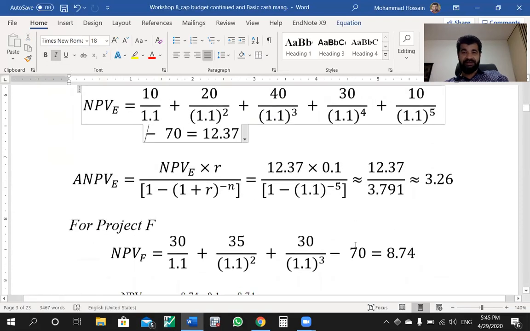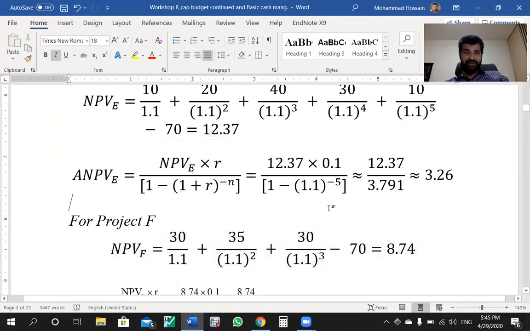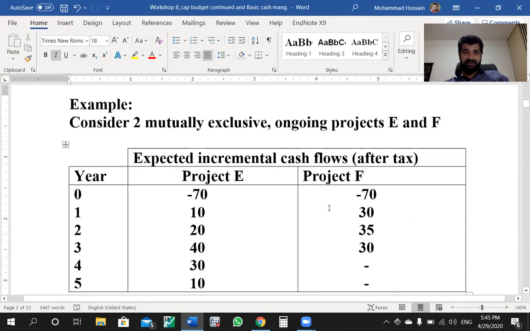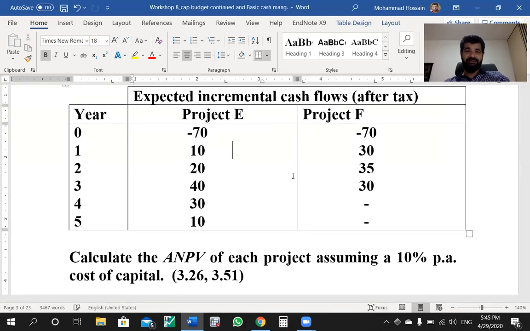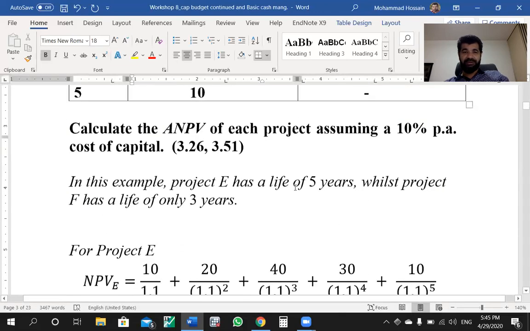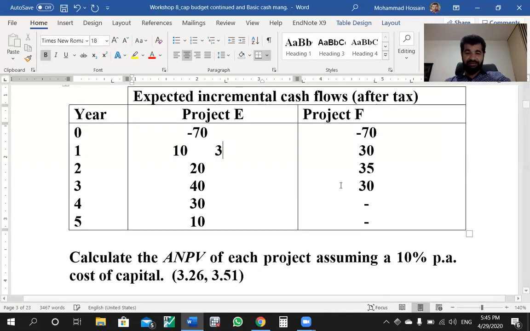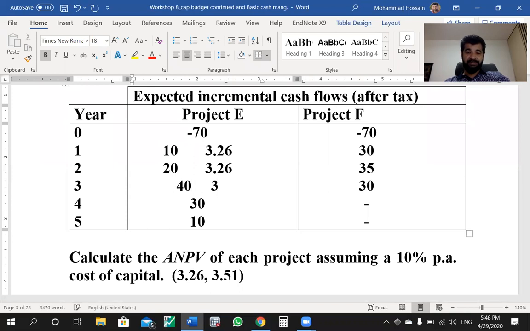So what does that mean? Let me show you this way. Say 3 years, 5 years. This year the net present value will be, I'll write it down here, 3.26. This year, 3.26.